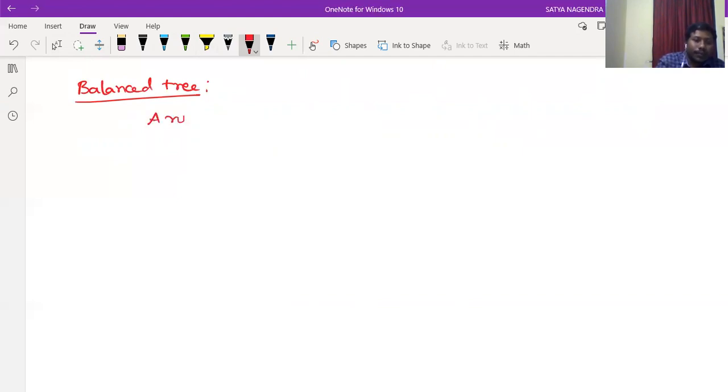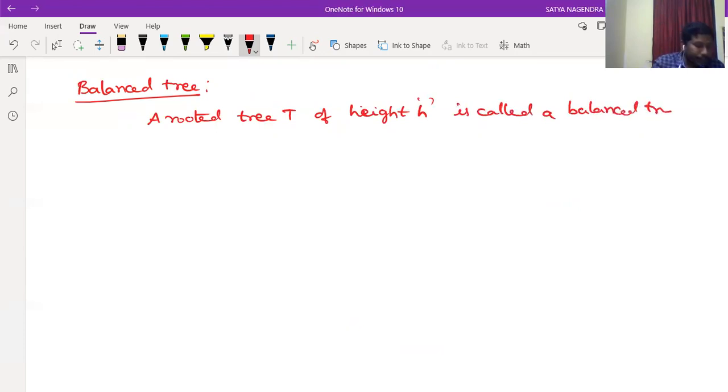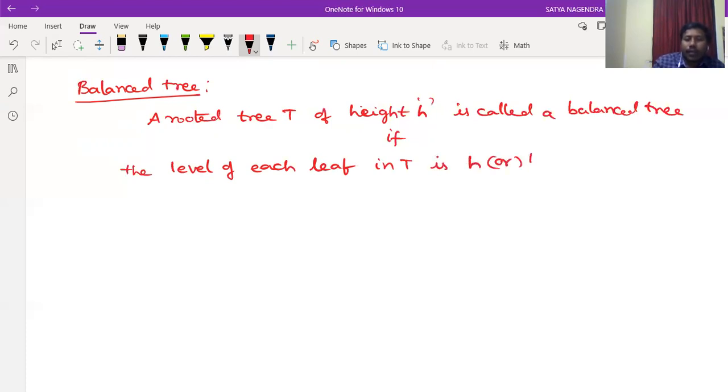A rooted tree T of height H is called a balanced tree if the level of each leaf in T is H or H minus 1.